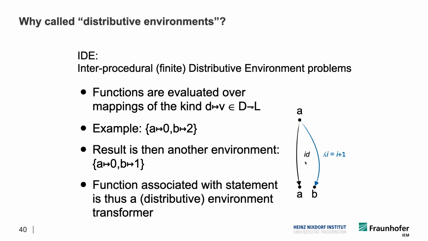And like I explained before, I put this finite in brackets here, right? Because, well, if you think about it, the right-hand side here, right? So this lattice L that is responsible for the value computations in this case, that can be infinite, right? Because, well, essentially here we are not computing a fixed point over this anymore.